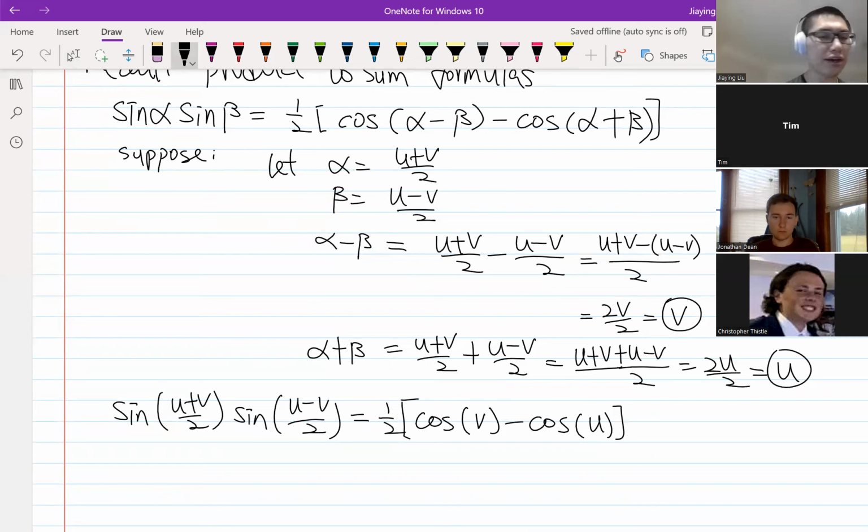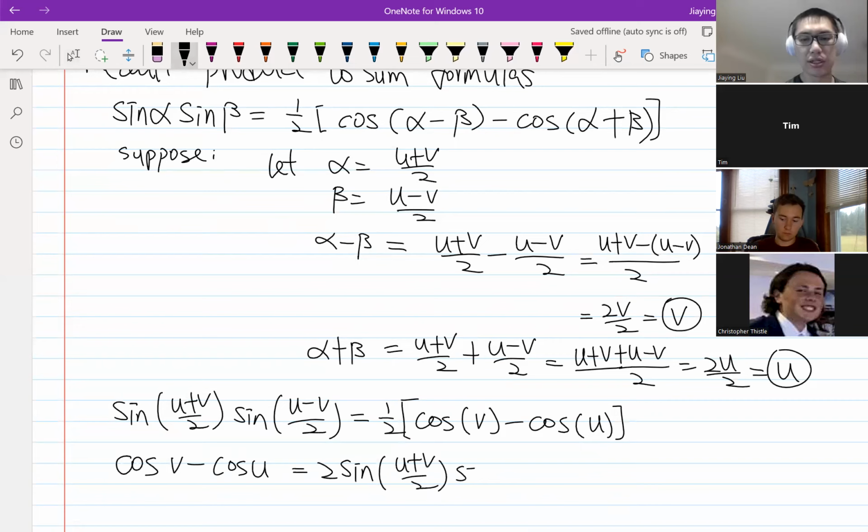So now I have cosine v minus cosine u equals 2 times sine u plus v over 2 times sine u minus v over 2.